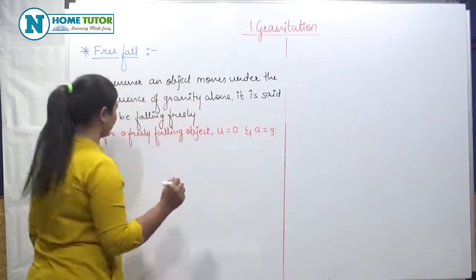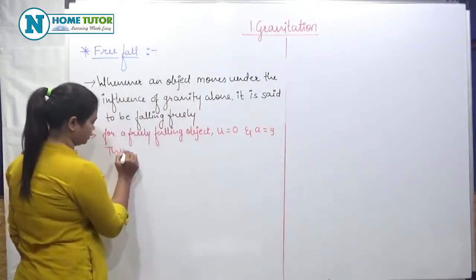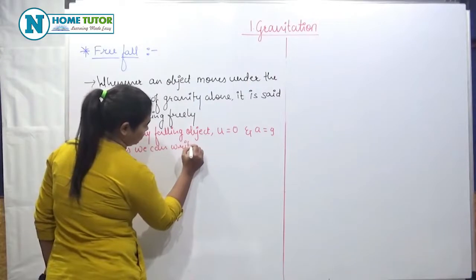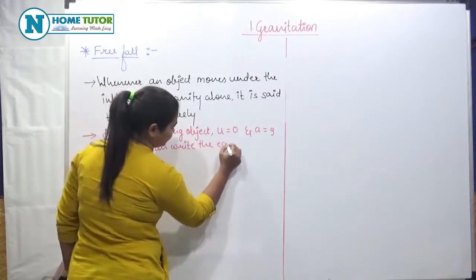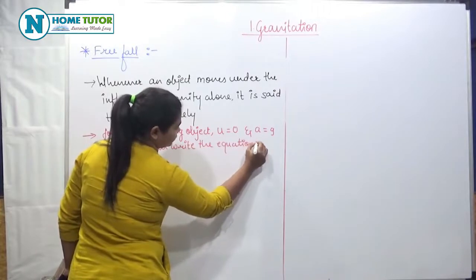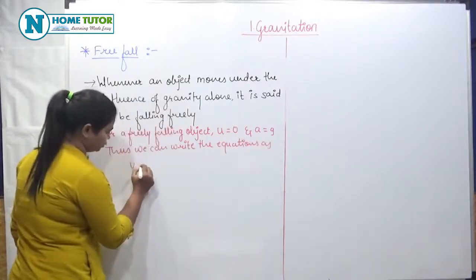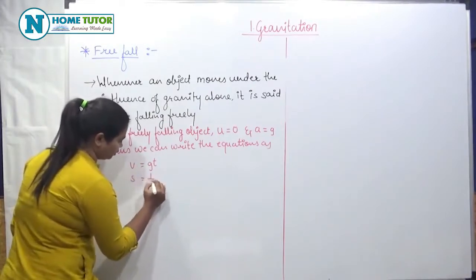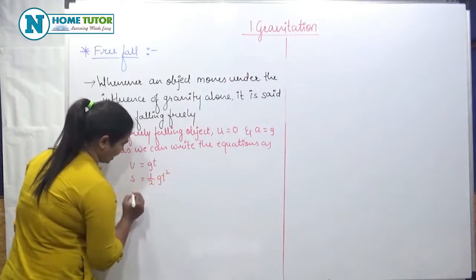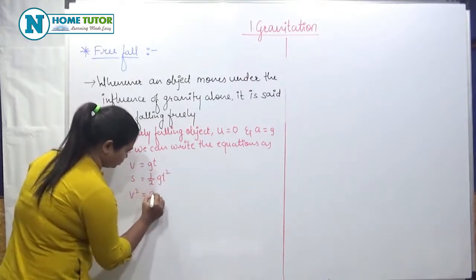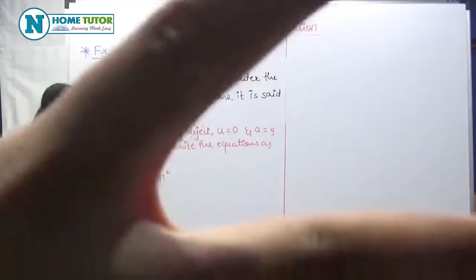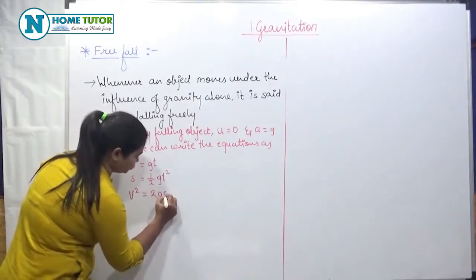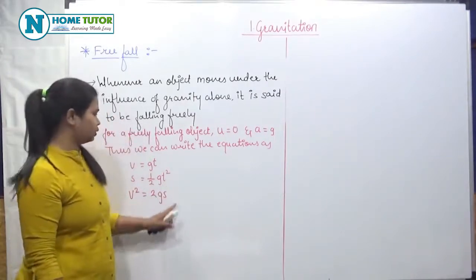Thus we can write the equations as v is equal to gt, s is equal to 1/2 gt square, and v square is equal to 2gs. So these are the equations which can be derived.